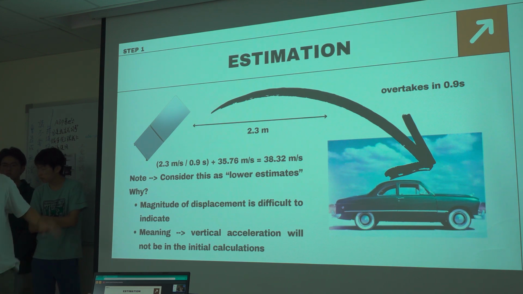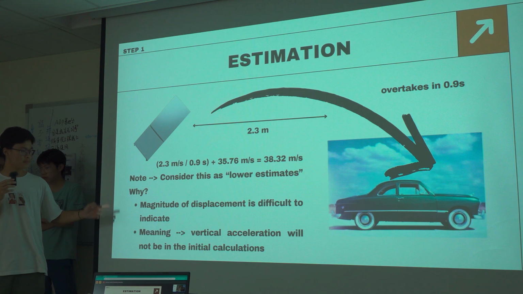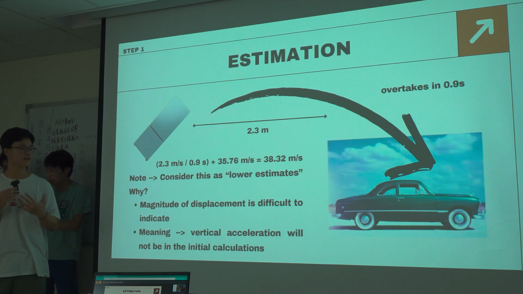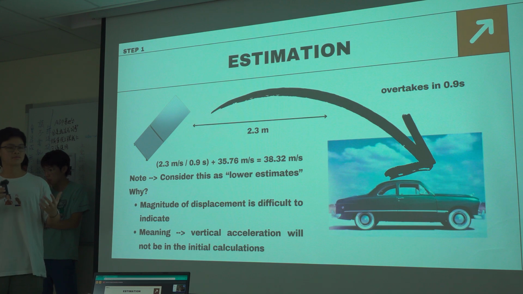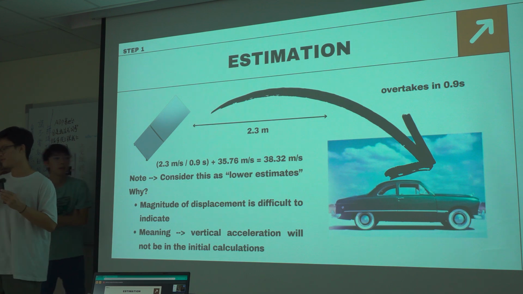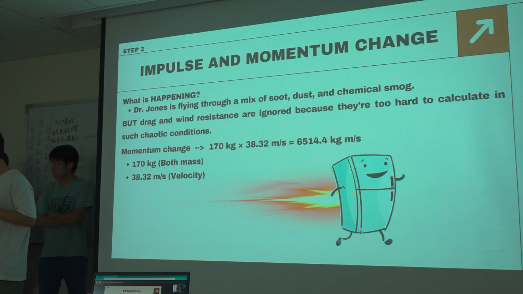And note, we haven't counted the vertical velocity or the acceleration, because the vertical displacement is difficult to really see or measure in the scene, so we must consider this as lower estimates. Why am I using lower estimates? Because lower estimates have already proven that Indiana will not survive this event.